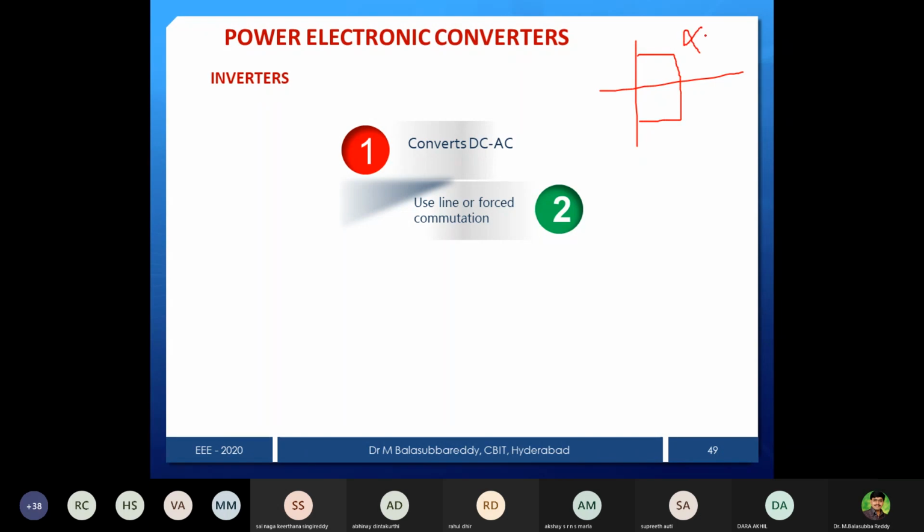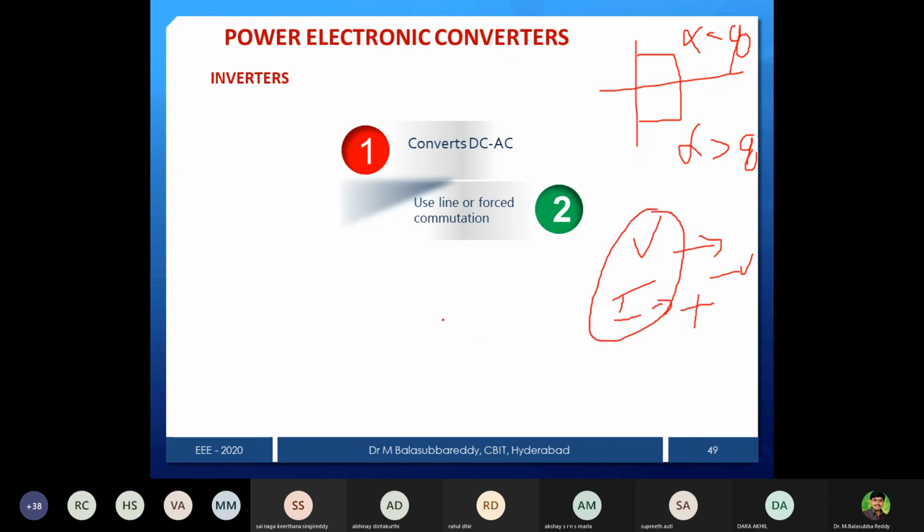This is alpha less than 90 and this is alpha greater than 90. So in that case what will happen? Voltage is negative but current is positive. What will happen to power? Power is negative, which means it flows from load to the source.